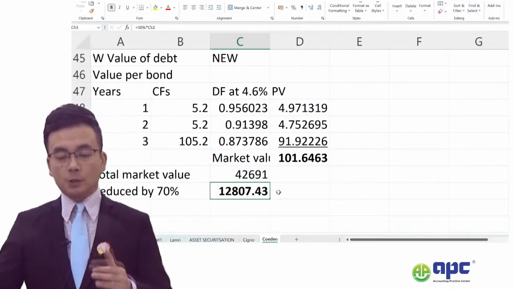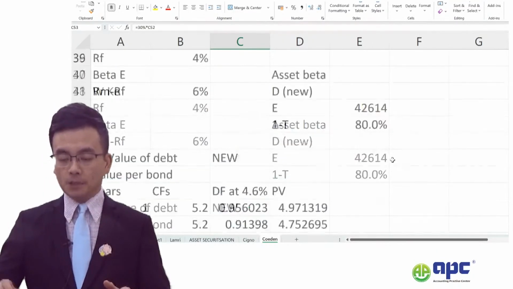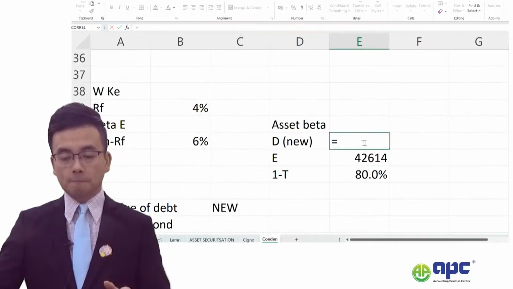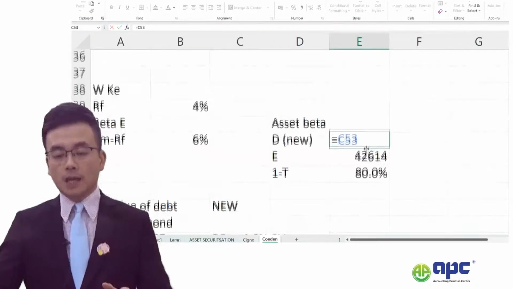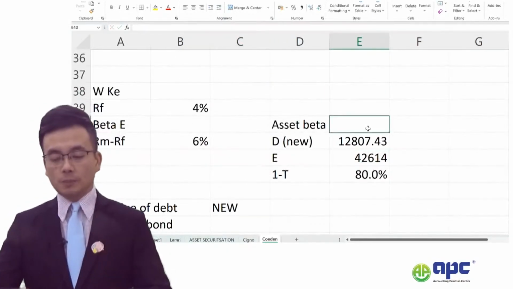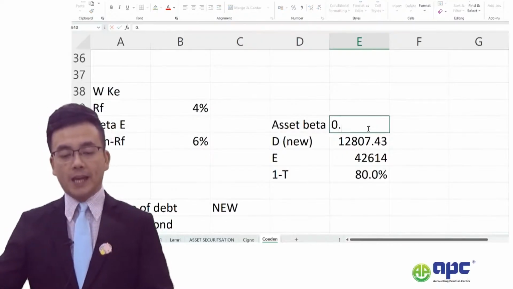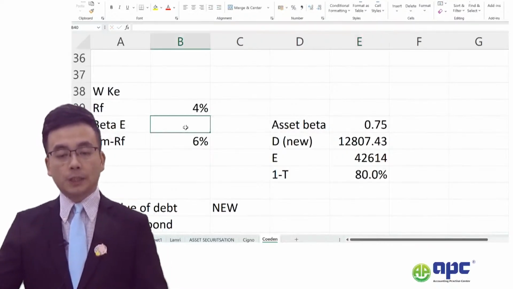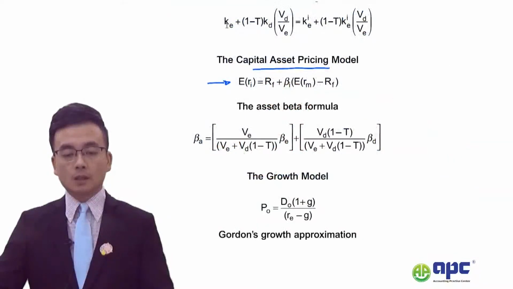Now the new debt value will be this figure. So just slot that in, the new debt value here. Now the asset beta, of course, we're told is 0.75. Now the equity beta, we apply the formula, we work out the equity beta, so you take asset beta over this amount.